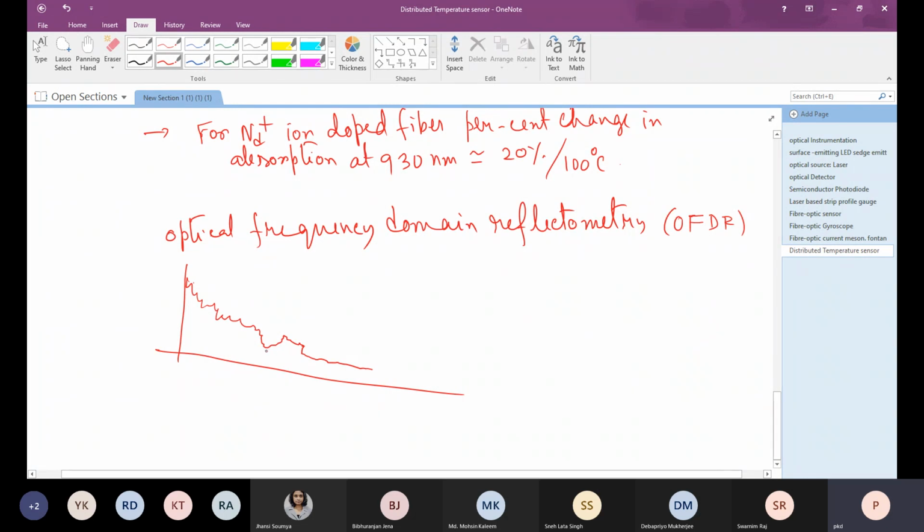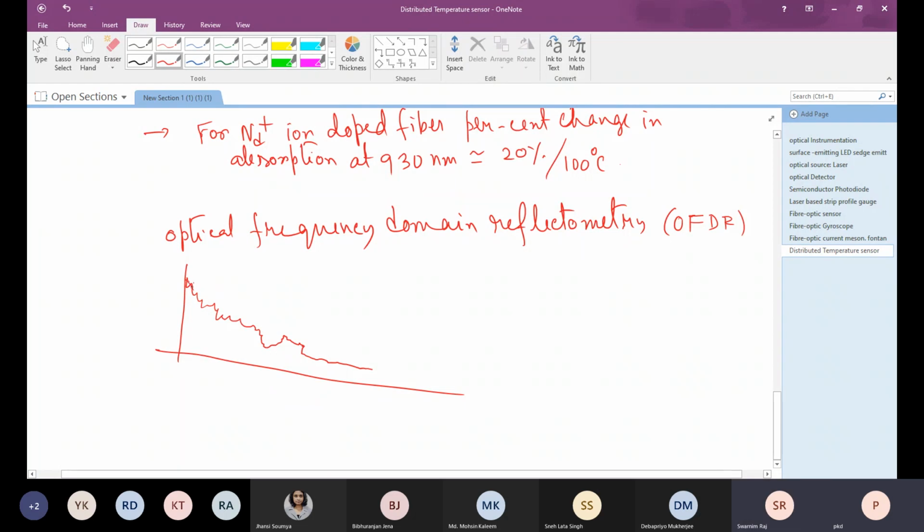Then we take lots of averages and we can get a smooth one. Then we can say that roughly there is a relative change here, and that relative change can be mapped to temperature. Thank you, sir.